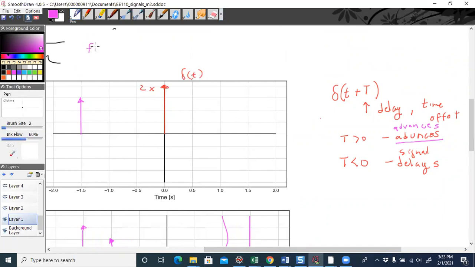And so this function of time, f(t), will equal 0.75 times the delta function delayed, it advanced by 1.5 seconds. Okay.